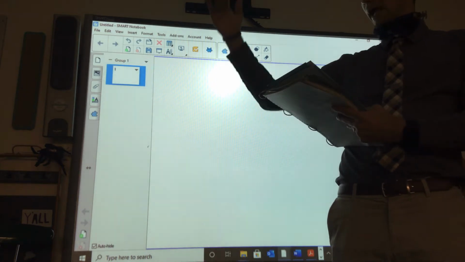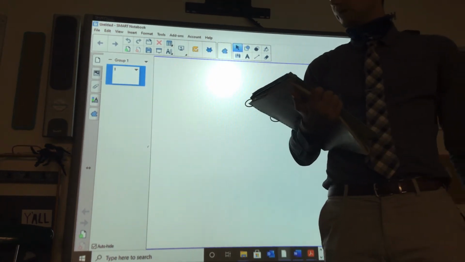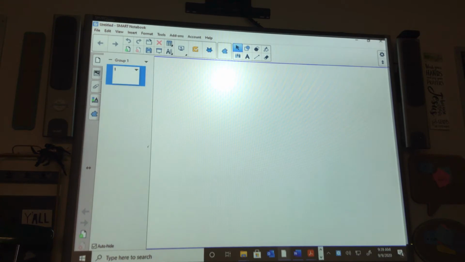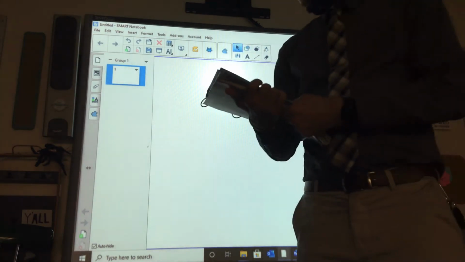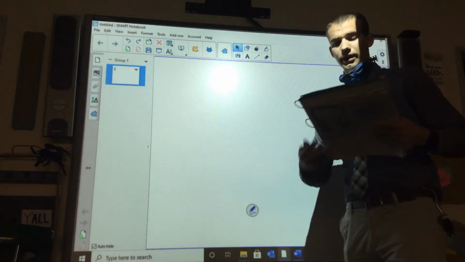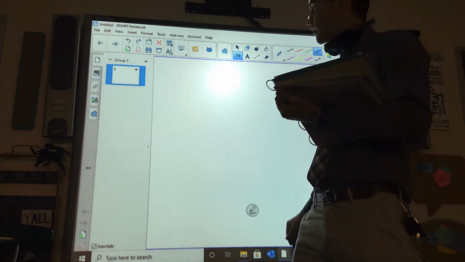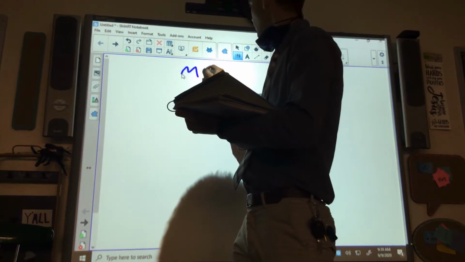Alright, then halfway through page 10, it says write numbers in standard and word form. There, I'm not going to write down all the stuff they have, but they've got millions.